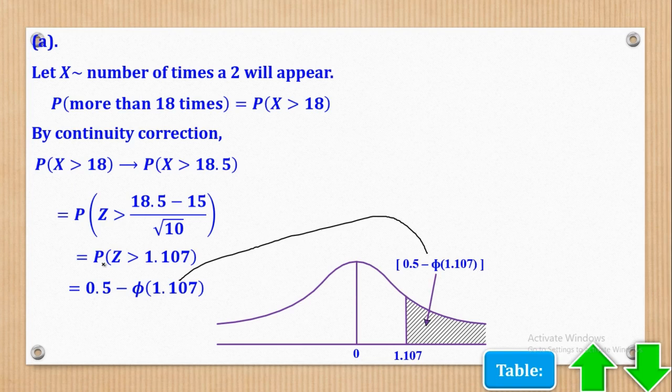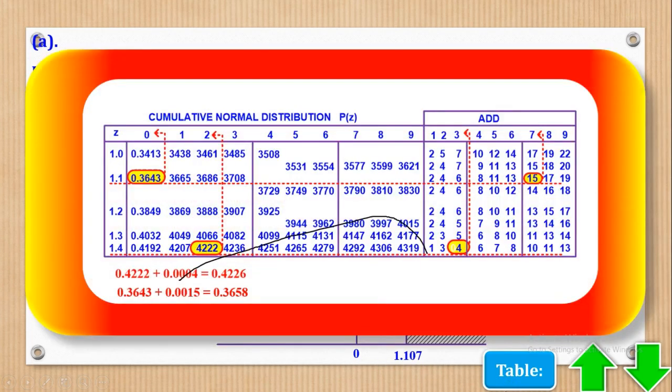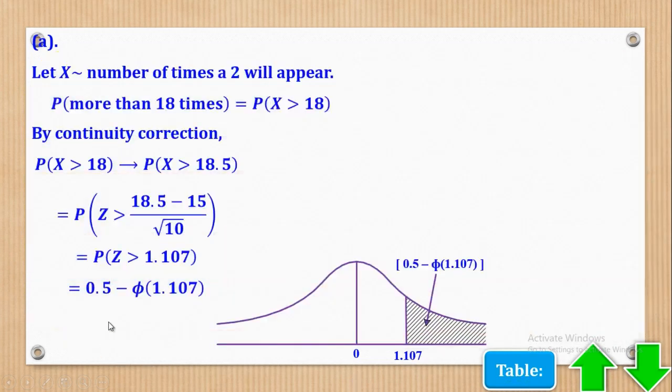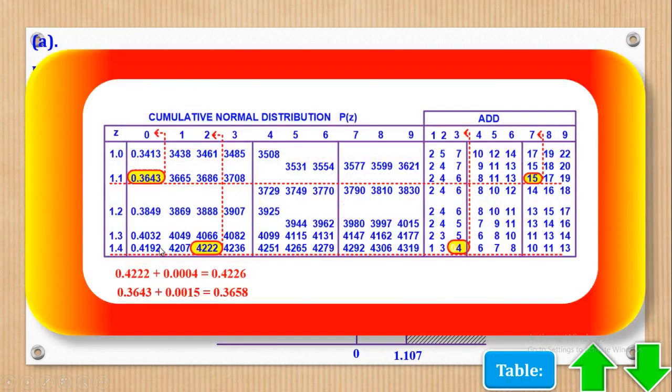So after writing that, next is to use mathematical tables. They will always give you mathematical tables in your UNEB examination. So we are looking for a value of 1.107. You have to remember that we are using the cumulative normal distribution because there are two tables. One has normal distribution, another one has cumulative normal distribution.